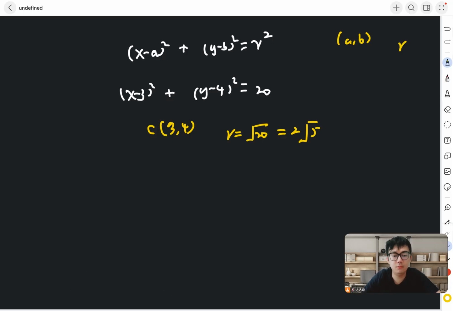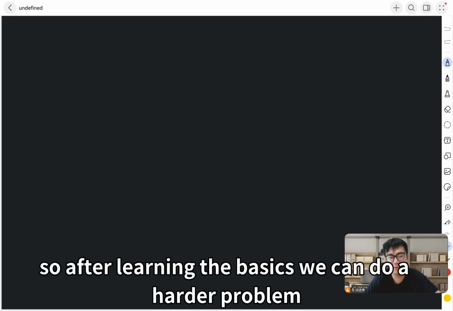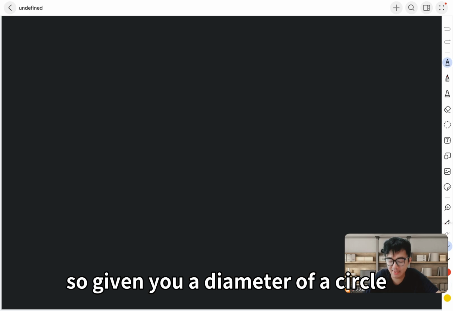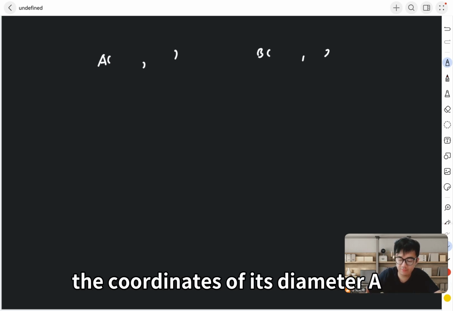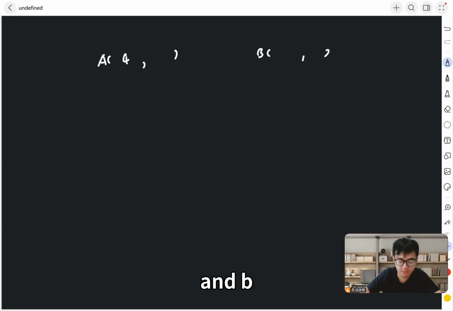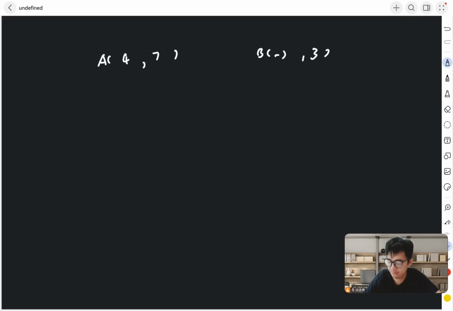After learning the basics, we can do a harder problem. Given a diameter of a circle, and what we know are the coordinates of its endpoints, A and B, how do we find the equation of this circle?